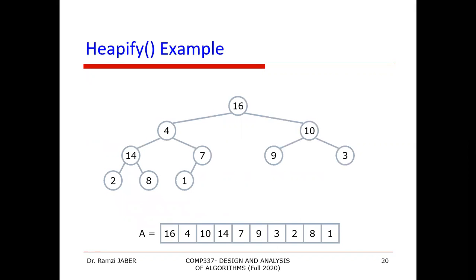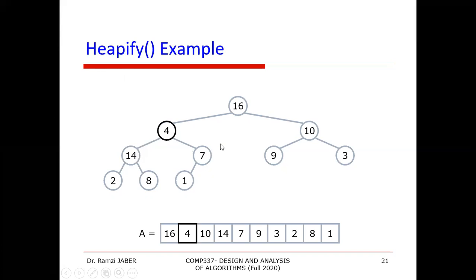Example. If we have here an unsorted heap, we will make it a sorted heap. As you can see, we have an error here that violates the property. 16 is the biggest number in the list, true. 4 has a child 14. It's wrong here. It's not a sorted heap.